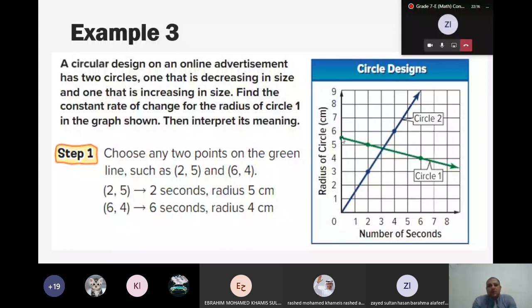Let's choose 2 points, such as (2, 5) and (6, 4). (2, 5) means that at 2 seconds the radius is 5 centimeters, and (6, 4) means that at 6 seconds the radius is 4 centimeters.